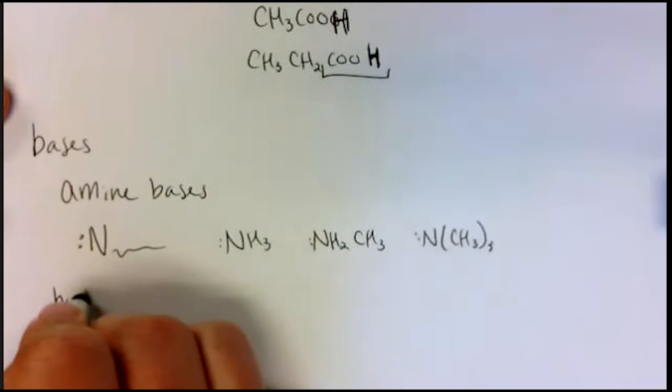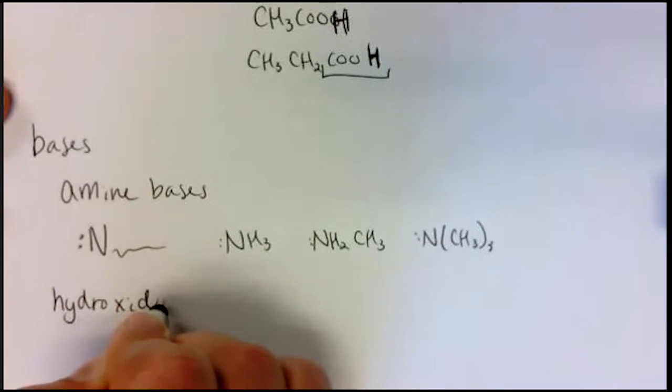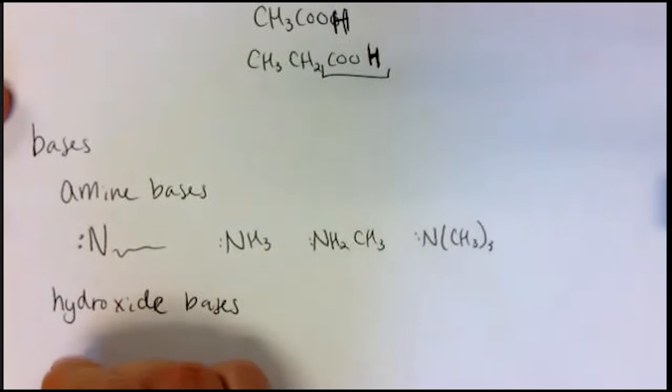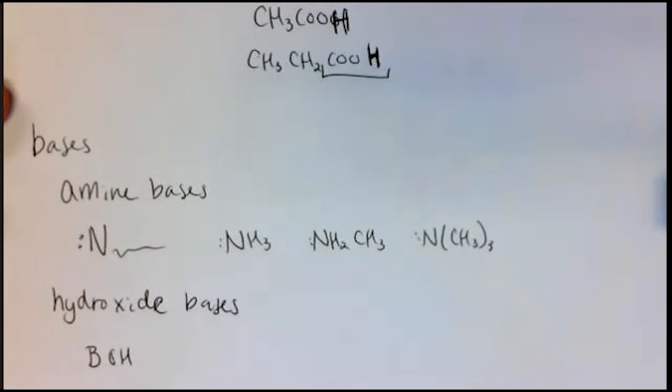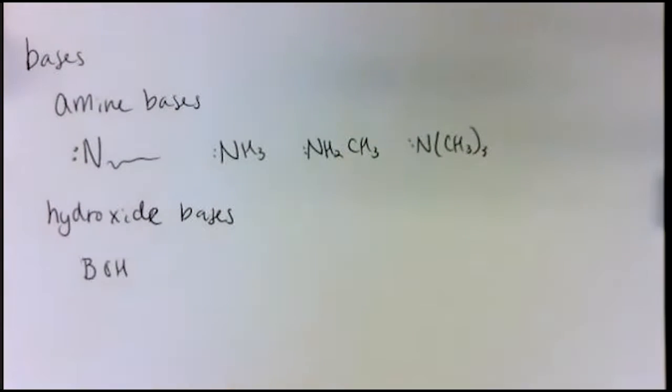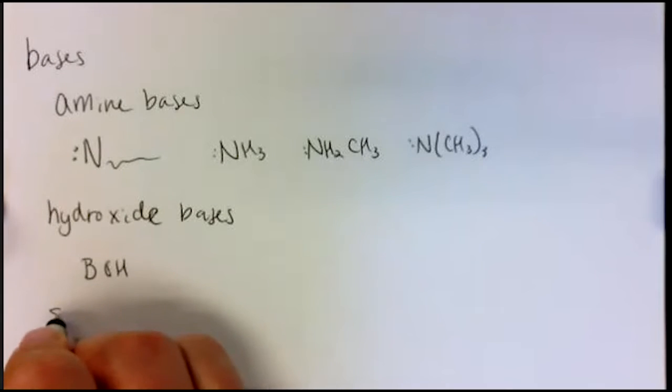You have hydroxide bases, which are the easiest ones to recognize. So that's going to be some BOH compound. So you'll see that hydroxide in there. That does not include water, even though some people think it does. That is not a hydroxide base. You also have sulfide bases.